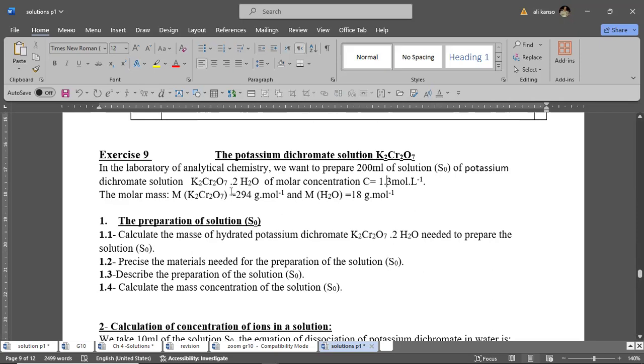We should know that potassium dichromate dihydrate is available in solid state.